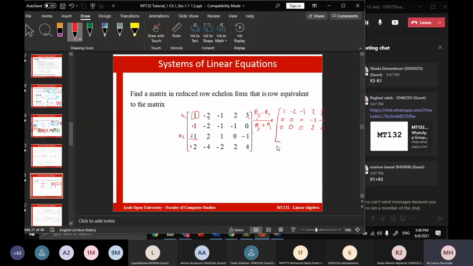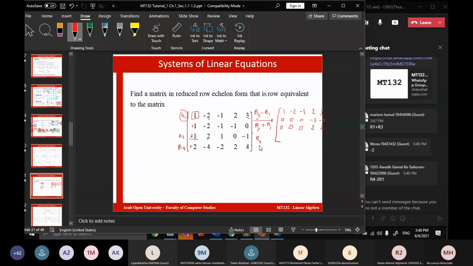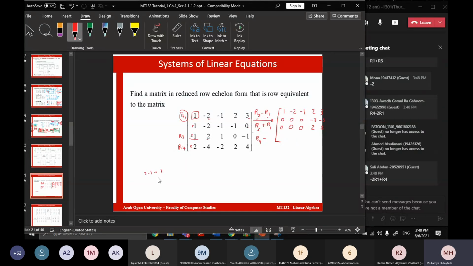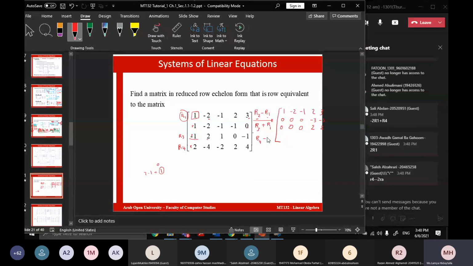Also I want to change the last one. How can I change the last one? R4 using R1. The new R4 is equal to the old R4 minus R1, because it will be 2 minus 1, so it is 1. I want it not to be 1. I need it to be 0. Minus 2R1. Yes, exactly.